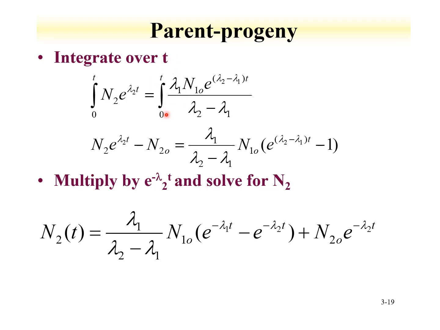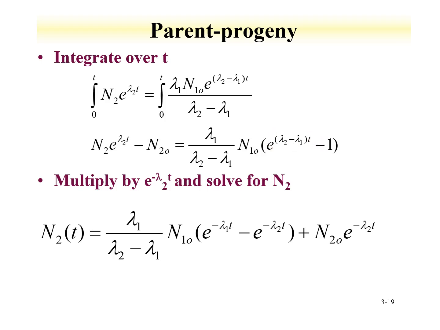The equation becomes N2 e to the lambda 2 times t minus N2 initial is equal to a ratio of the decay constant for 1 divided by the difference between the decay constant for 2 minus 1, times this term N1 naught, e to the lambda 2 minus lambda 1 times t, minus 1.